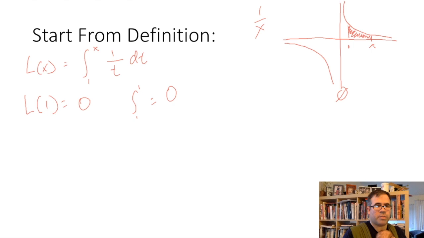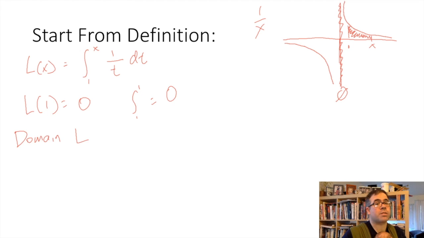And we know the domain of L. Well, if we let x go to 0 or negative, we'd have to somehow get an area from infinite, like we'd have this infinite spot. And that seems like a problem.